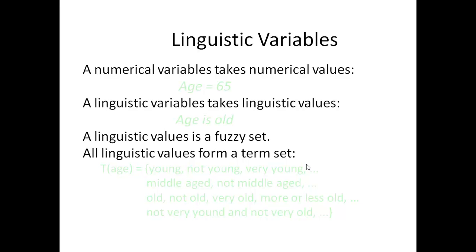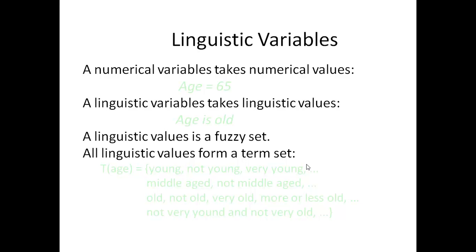Now we'll find some linguistic variables. A numerical variable takes numerical values, that is age is defined as, suppose, 65. A linguistic variable takes linguistic values, age is old.